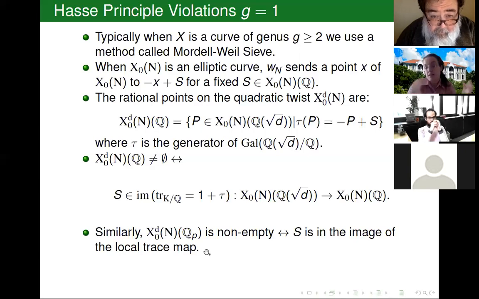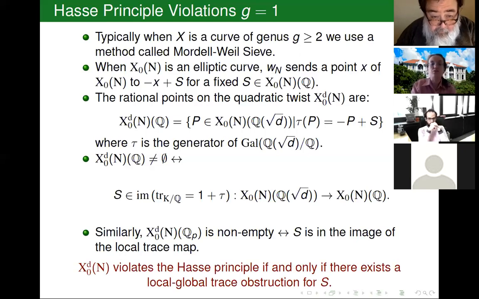That same thing holds for local points as well. So if you translate the Hasse principle, local-global exchange, into trace, you get the following question: do we have any local-global trace obstructions?